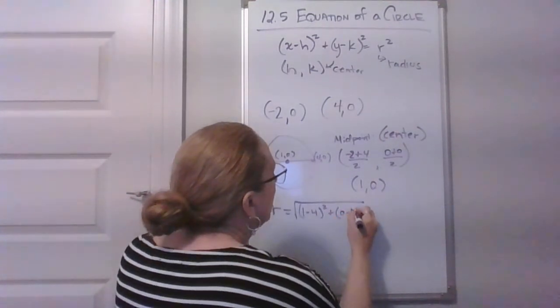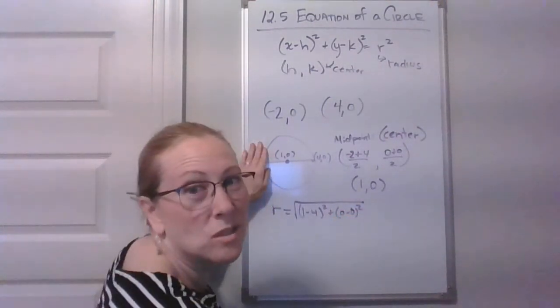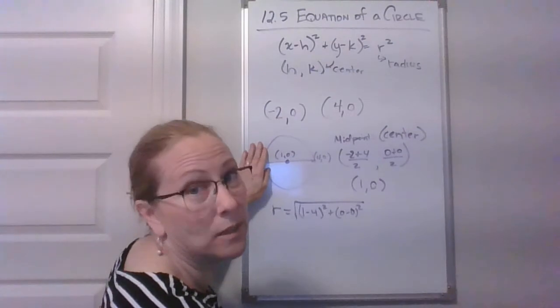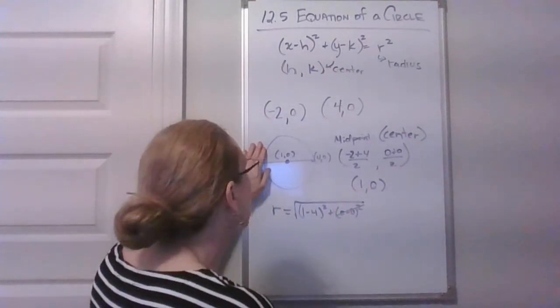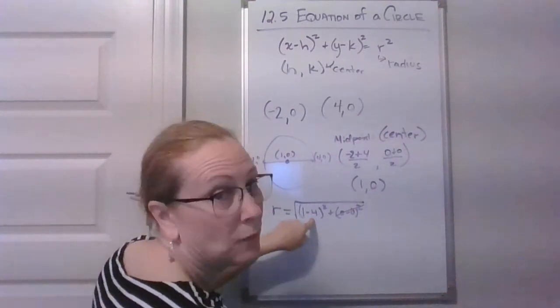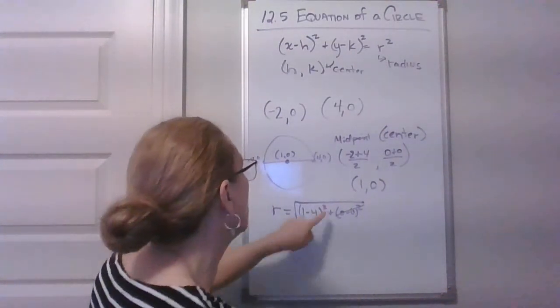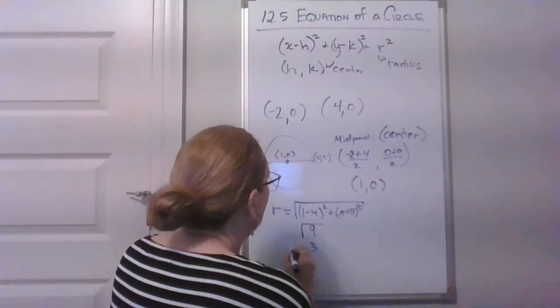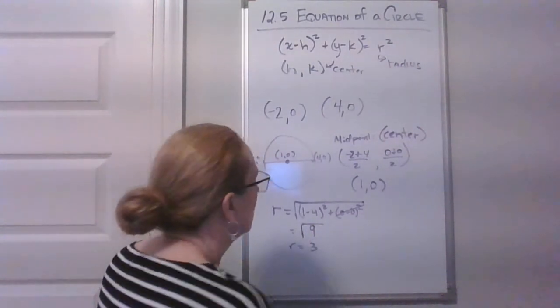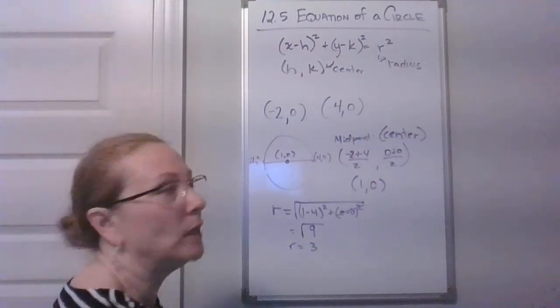And 0 minus 0, subtract those squared. Obviously, you could just leave that out because 0 minus 0 is 0, squared is 0. So that just goes away anyway. So we get negative 3 squared, which is 9, the square root of which is 3. So we have our radius of 3.